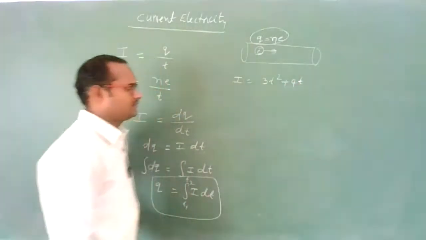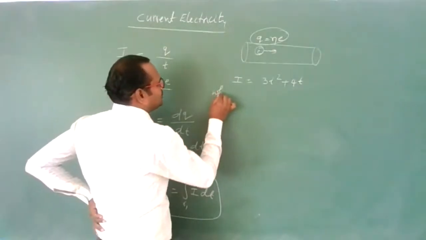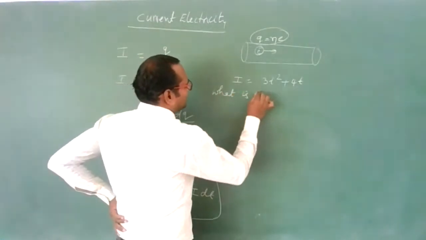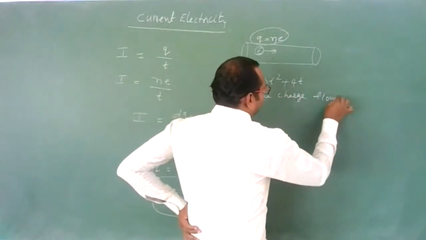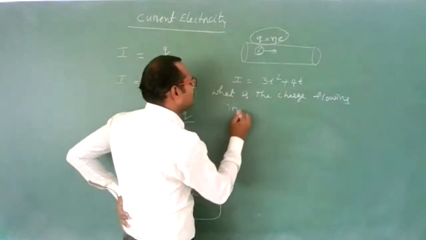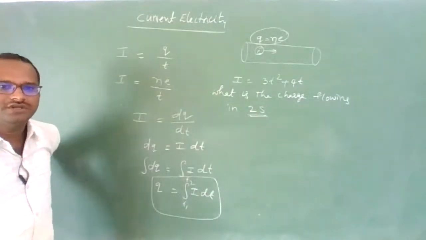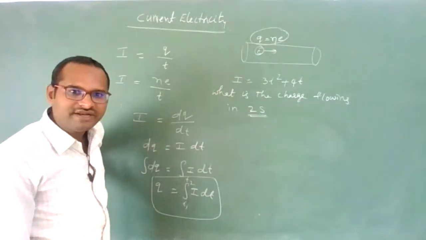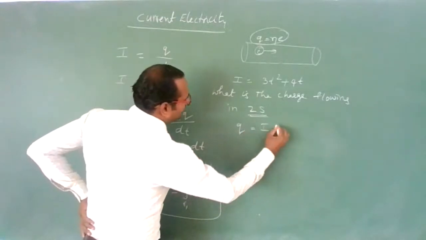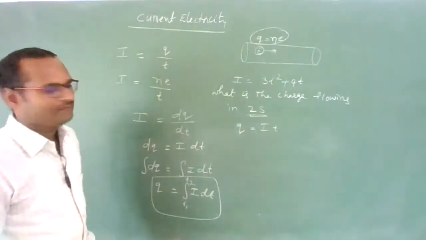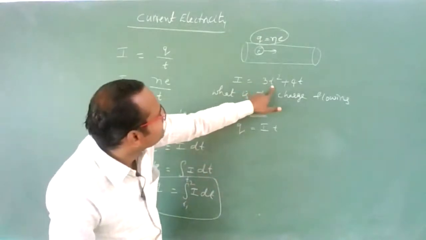Then what is the charge flowing in 2 seconds? Can you find how much charge is flowing through the wire in 2 seconds? Charge can be written as I into t when current is constant. But the current is not constant, it is depending upon time.